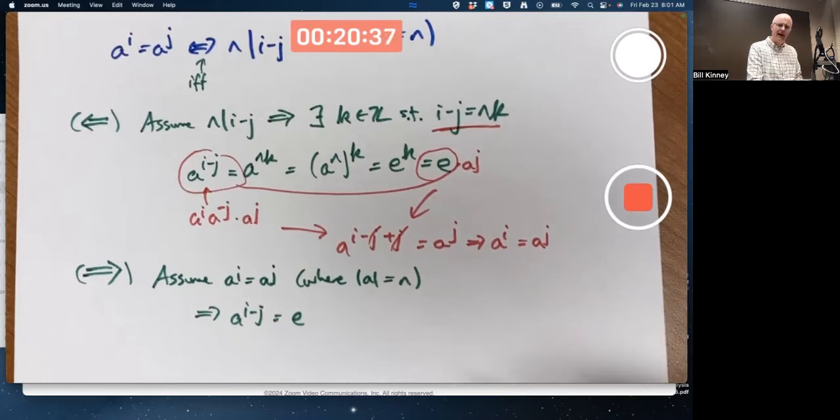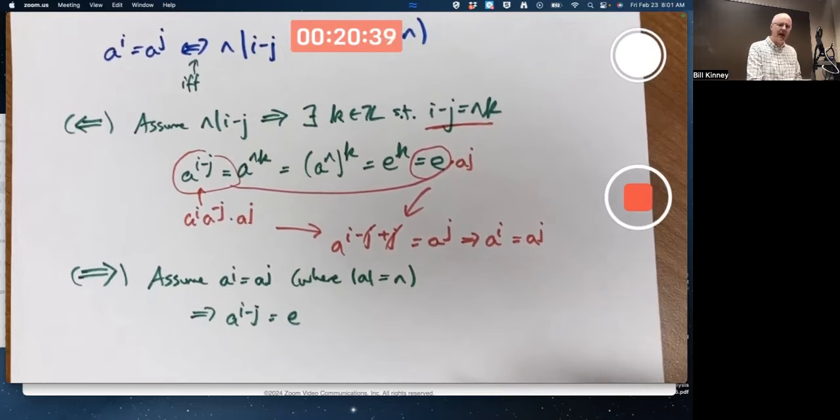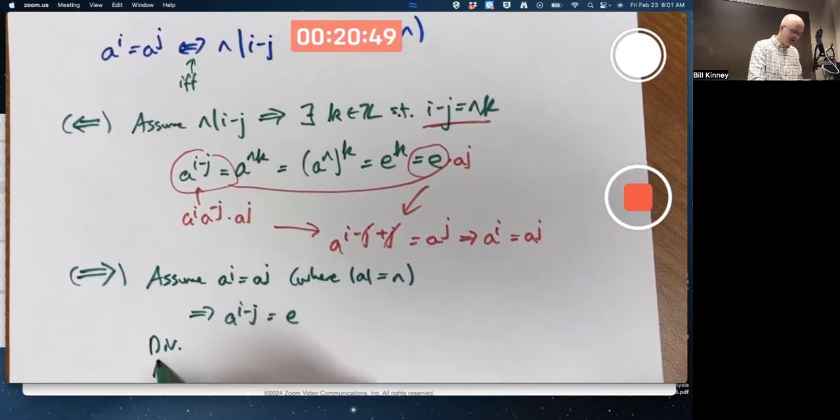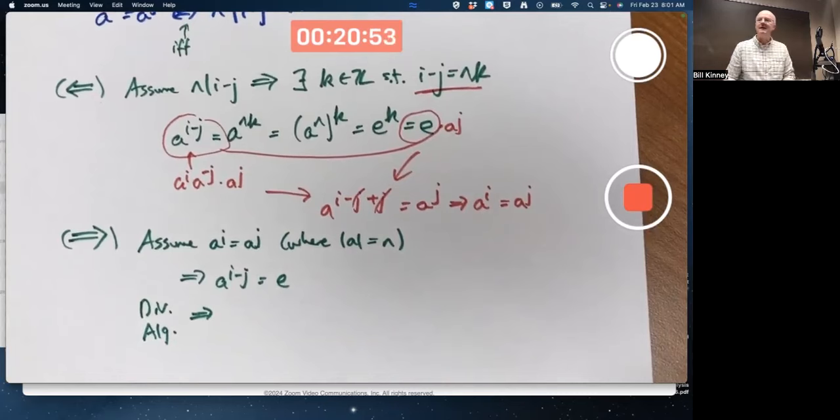Trying to show n divides i minus j. What's the key? Try the division algorithm again. If we could apply the division algorithm to i minus j divided by n effectively and get a remainder of 0, that would be enough to say n divides i minus j.